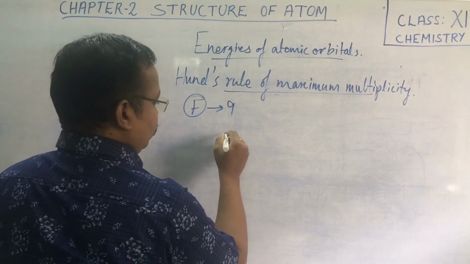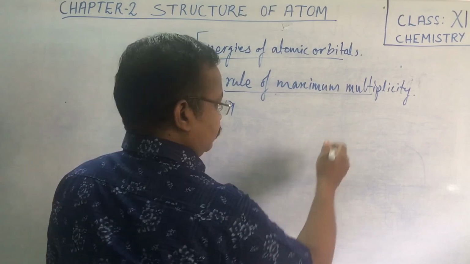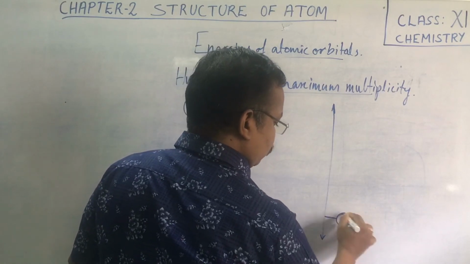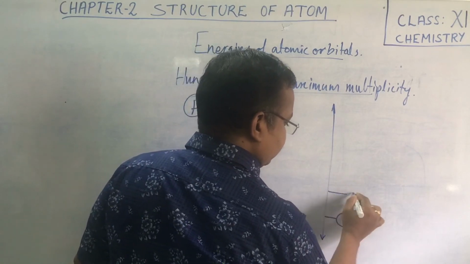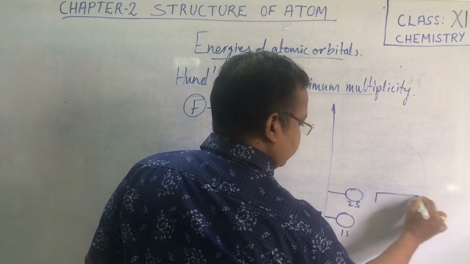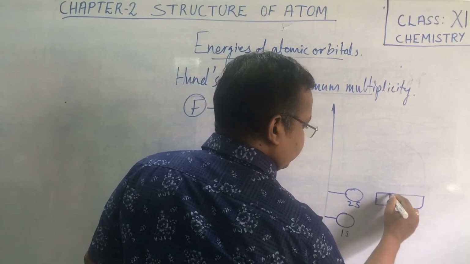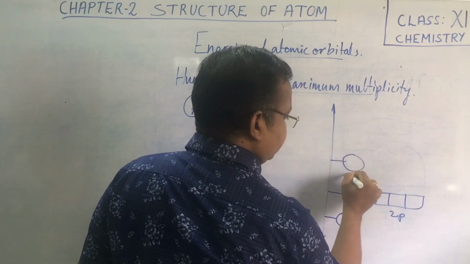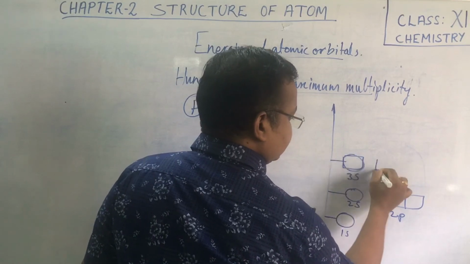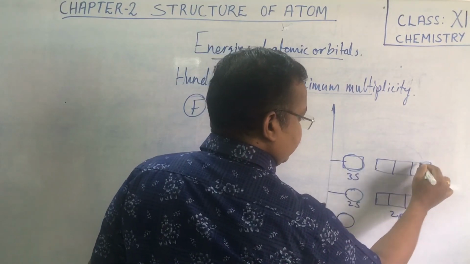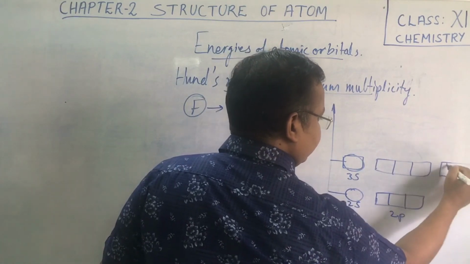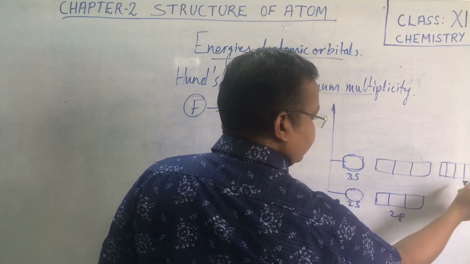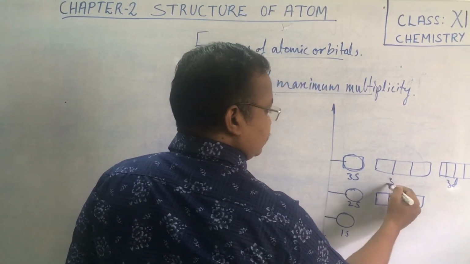If you write the energy level diagram, it has 1s, then 2s and 2p with 3 orbitals, and 3s and 3p and 3d also. In 3d there can be 1, 2, 3, 4, 5 orbitals. Now this is our 3p.